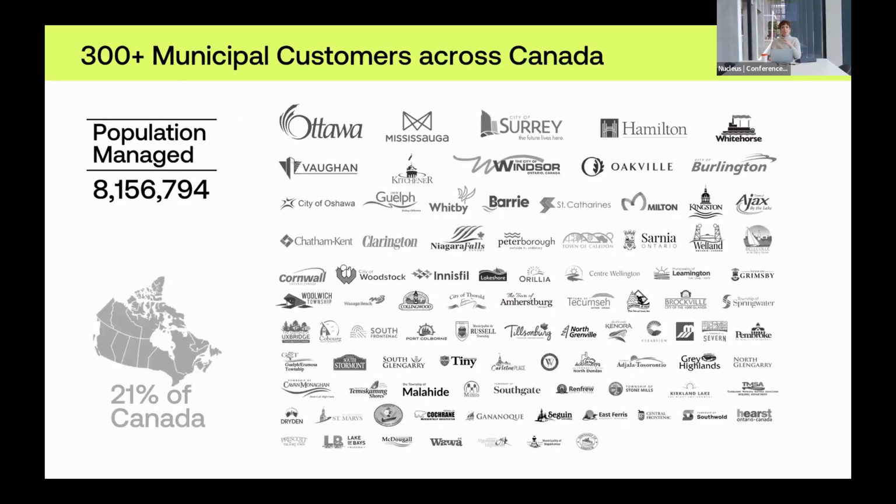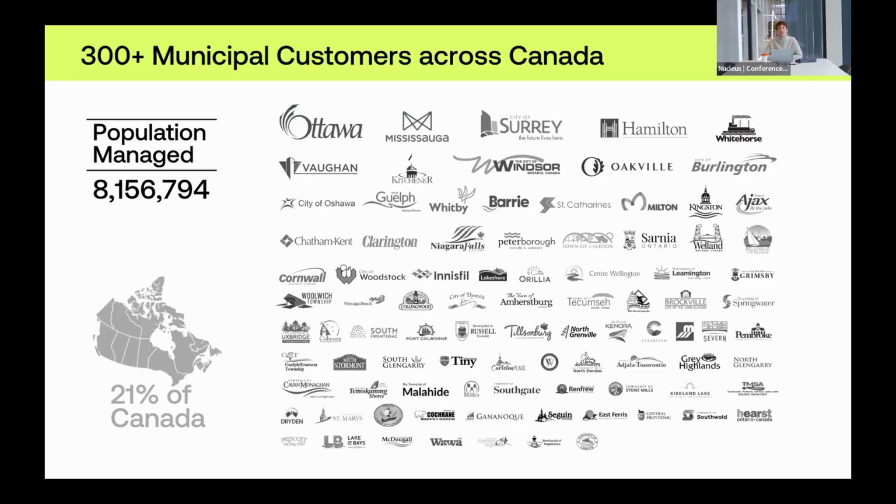Here's just to give you a deeper dive on some of the municipalities that are current customers of ours. We've got a nice spread across the country: Whitehorse, Surrey, Ottawa, and lots of Ontario municipalities as well. We also have quite a few in Saskatchewan. We just released the Manitoba codes in the tool, as well as a bunch in Atlantic Canada. So this just gives you a little snippet, but it doesn't cover everybody.